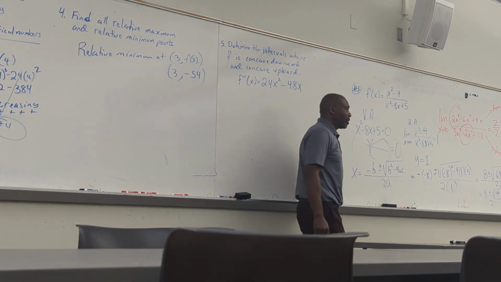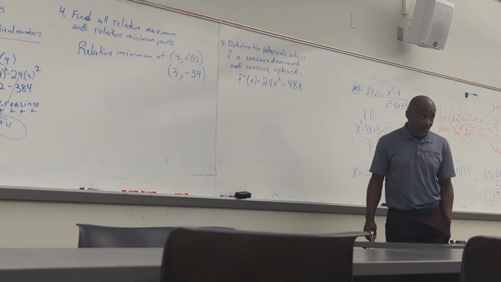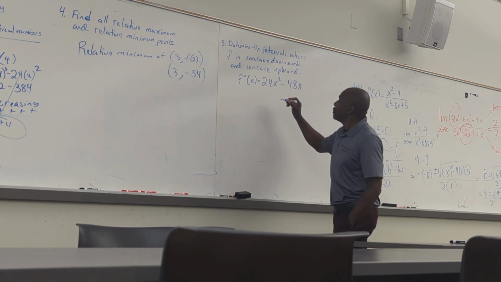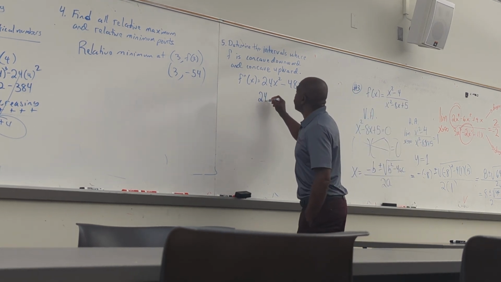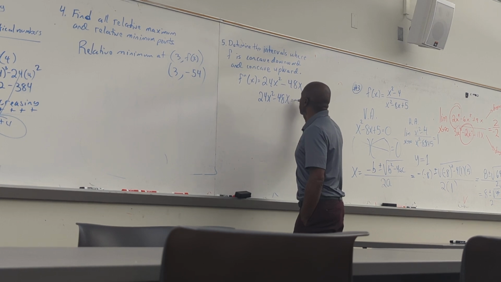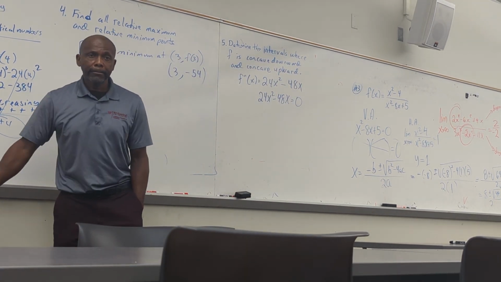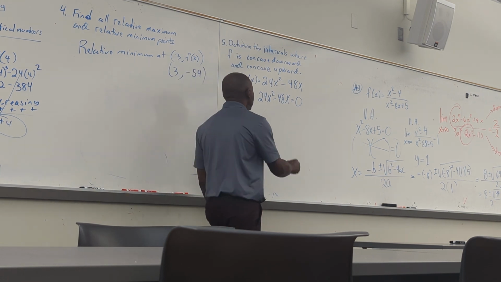Alright, I took the second derivative. What are we gonna do with this now? Set it equal to 0. So now I have 24x squared minus 48x equals 0. How you gonna solve this? Factor out 24x.